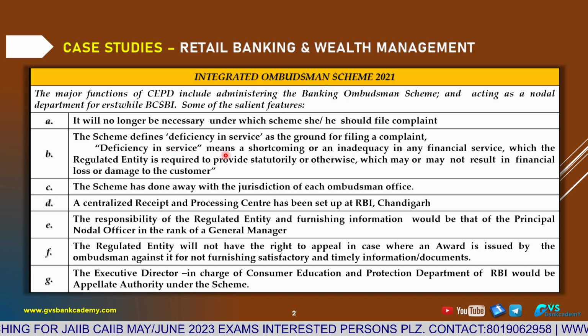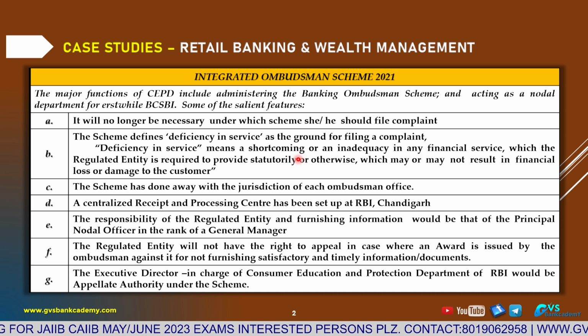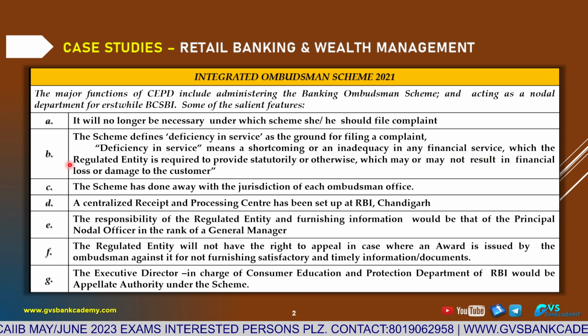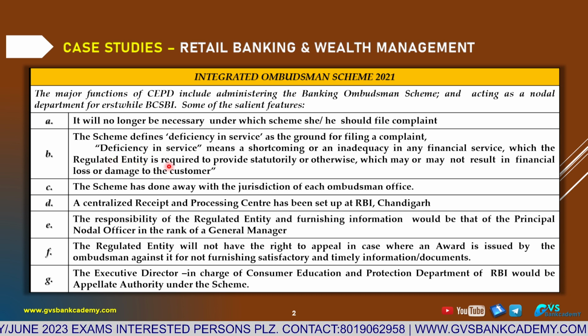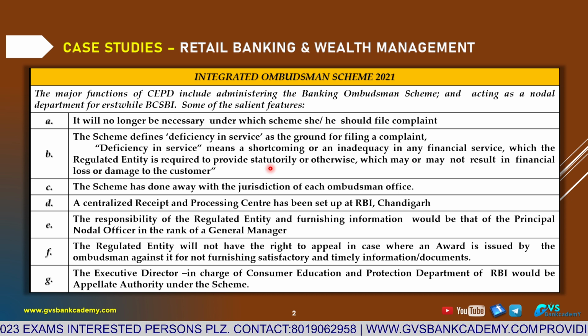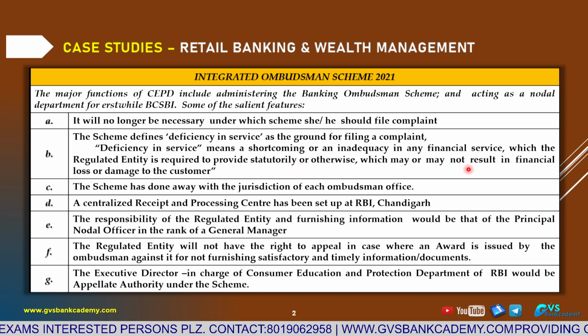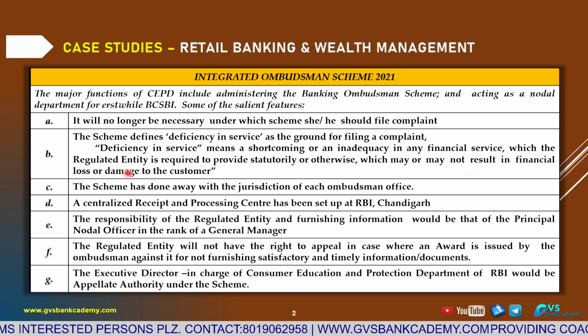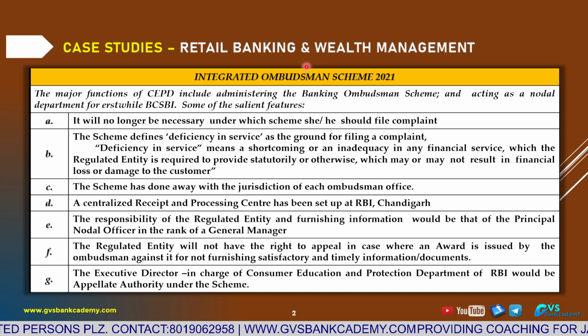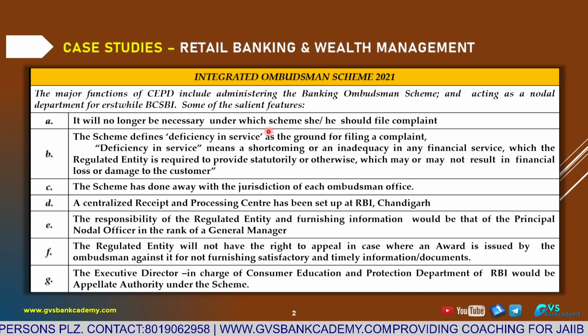Deficiency in service means a shortcoming or an inadequacy in any financial service which the regulated entity, bank, NBFC or digital banking is required to provide statutorily or otherwise, whether or not it results in financial loss or damage. So if deficiency in service is there, they are allowed to file a complaint with the Integrated Ombudsman.